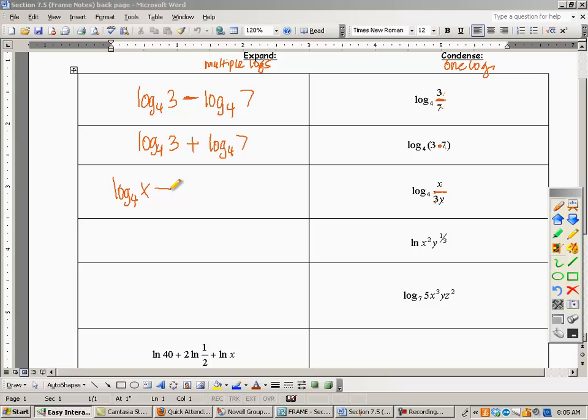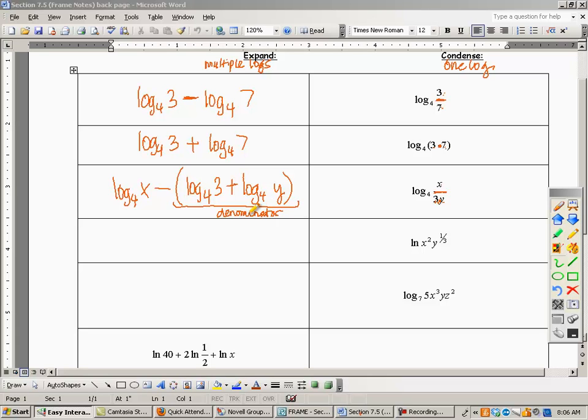Now because I have two things in the denominator, I'm going to put a parentheses so that I can talk about the two things on the bottom together. Now this 3 and the y are being multiplied, so multiplication means addition. So the log base 4 of 3 plus the log base 4 of y. And I put the parentheses because this whole parentheses then means this is in the denominator.